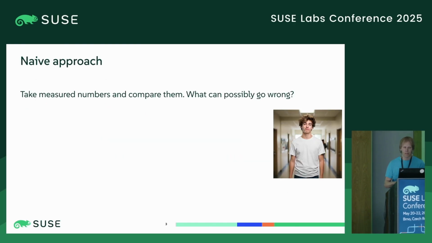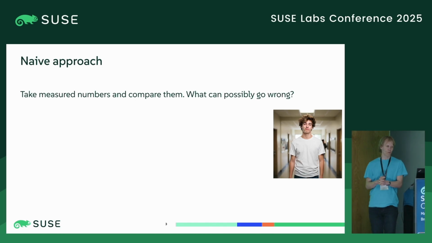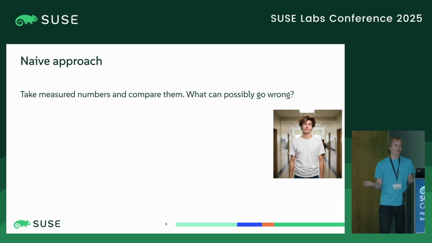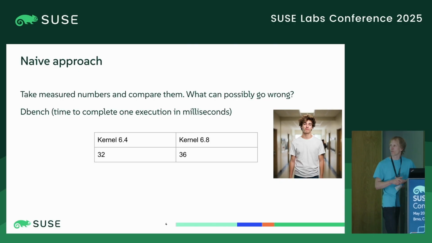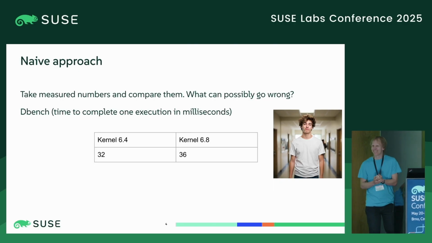Now what we want to figure out from these numbers is whether the performance improved or not. The naive approach is to just take the numbers, compare them, and you have the result. Why complicate things? Let's give an example.